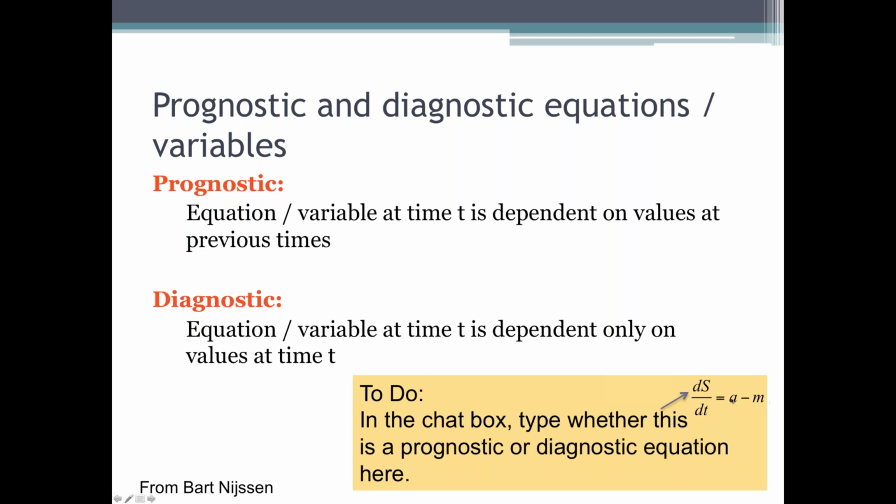The change, because both accumulation and melt are just functions of right now, is dependent only on the present. However, S is a prognostic variable. So the storage depends on values at prior times. So I think you're all correct. Either way you were thinking about it, as long as what I just said makes sense, I would say it is a fair answer to that question.